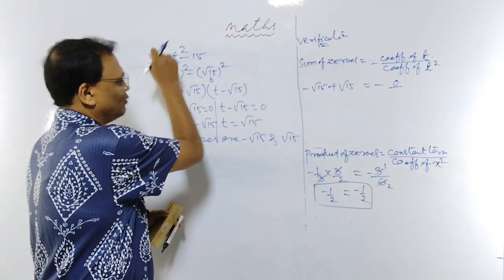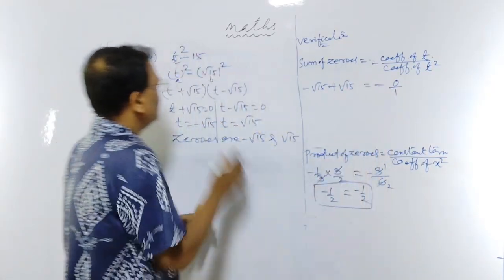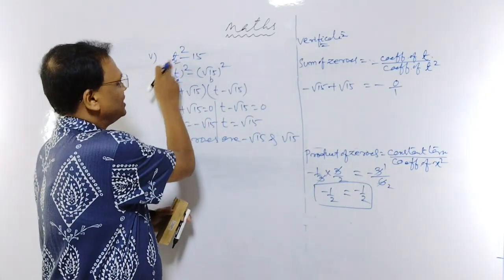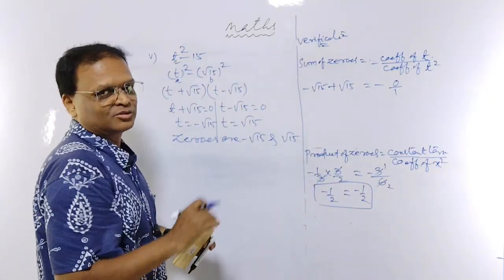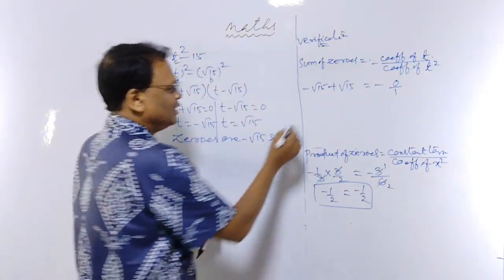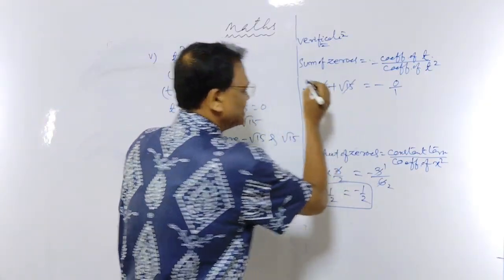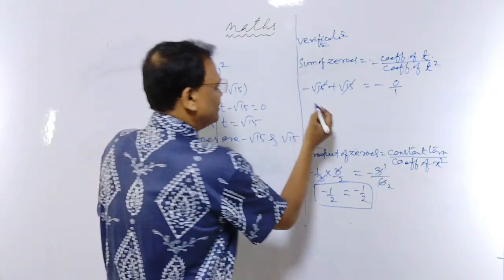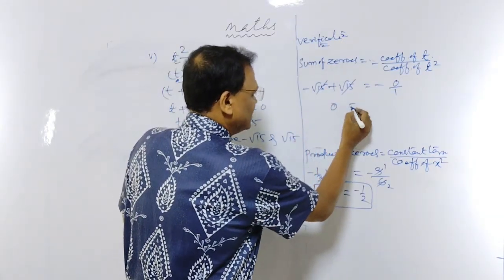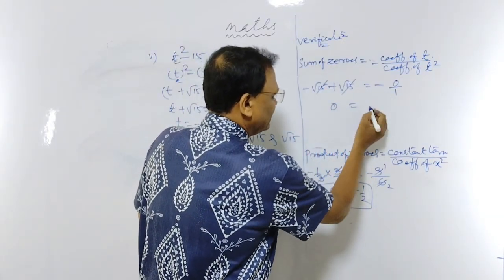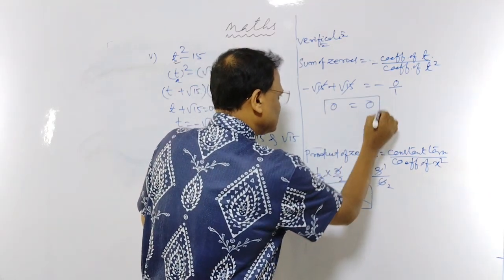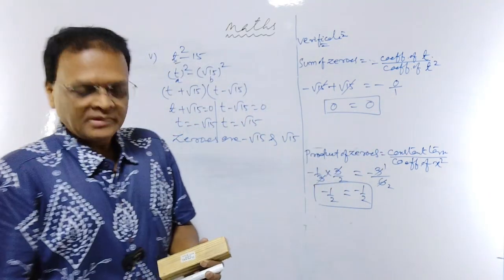The t square coefficient is 1, but t is not there. So my value is 0. Minus root 15 plus root 15 cancel, and this gives me 0. The right side is also 0, since 0 by anything is equal to 0, and hence this is verified.